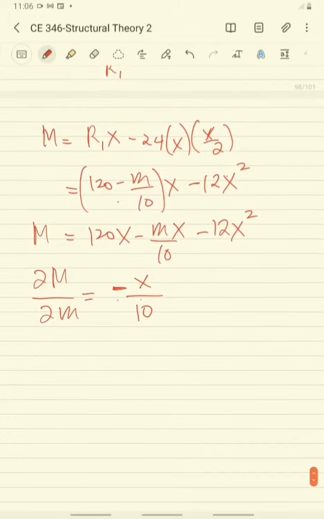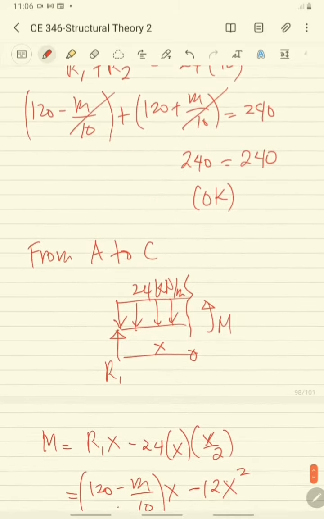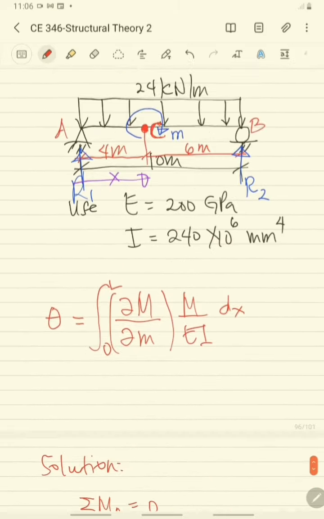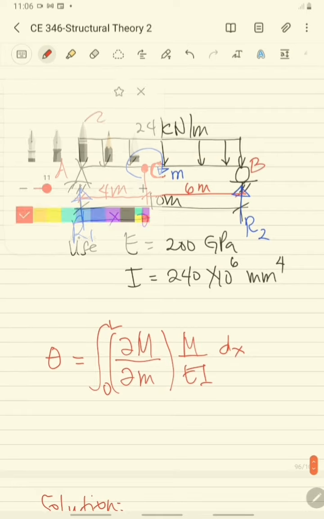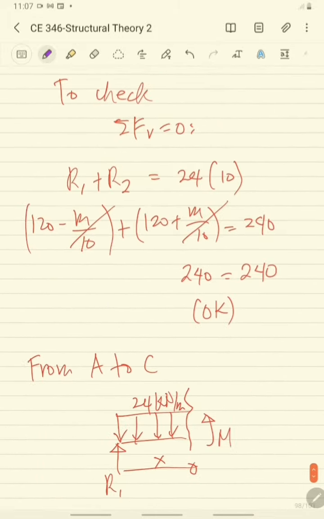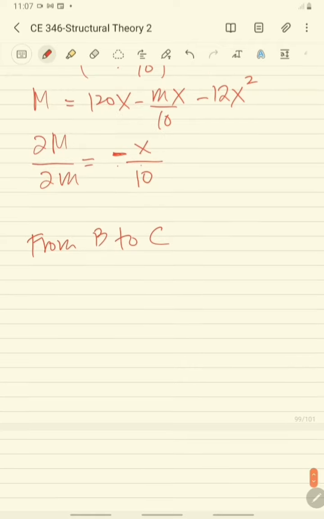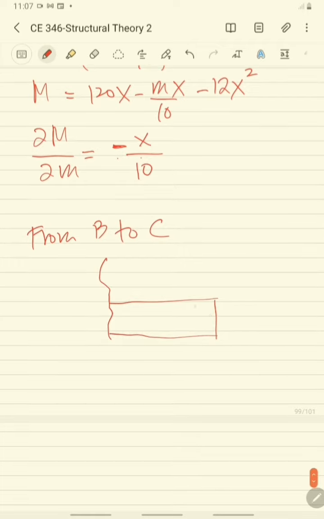So from B to C, if we cut the beam from B to C, we have this one, at any value of x. Okay, this will be your beam.